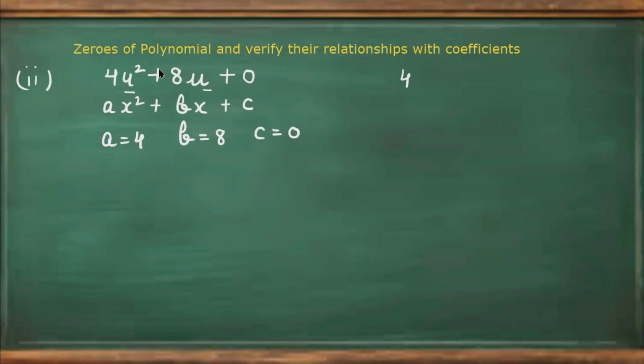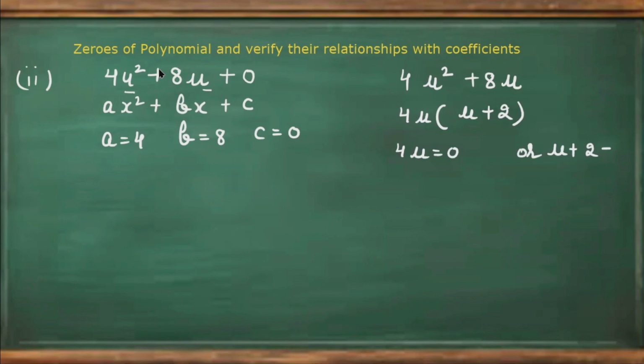And if we want to factorize this equation, 4u square plus 8u, we can factorize it as 4u into u plus 2. So the zeros of the polynomial are: 4u is equal to 0 or u plus 2 is equal to 0. u is equal to 0 by 4, which is equal to 0, and u is equal to minus 2.